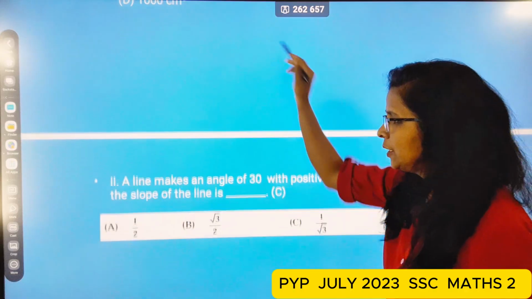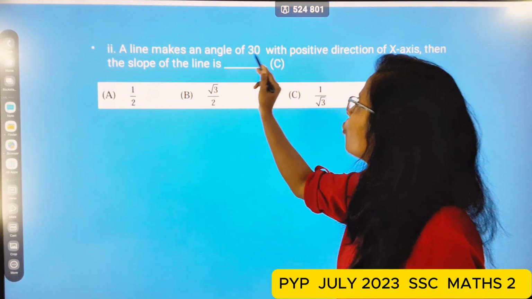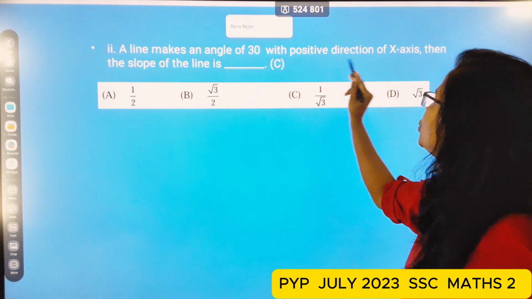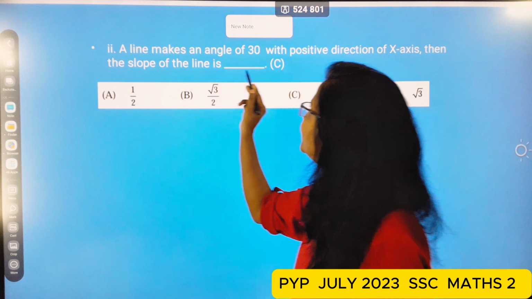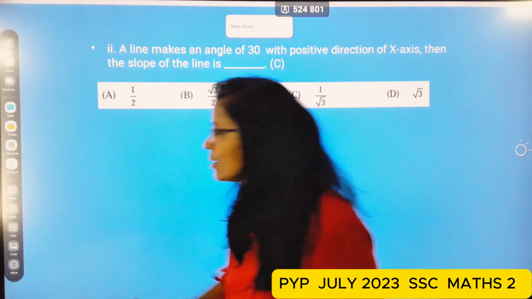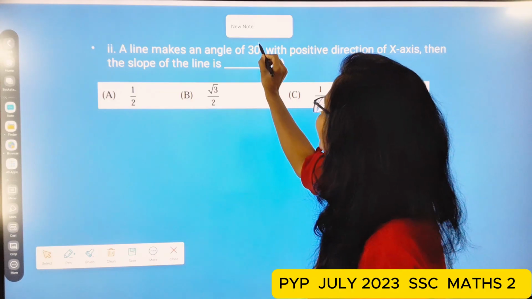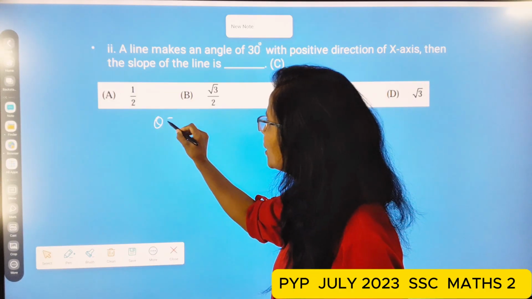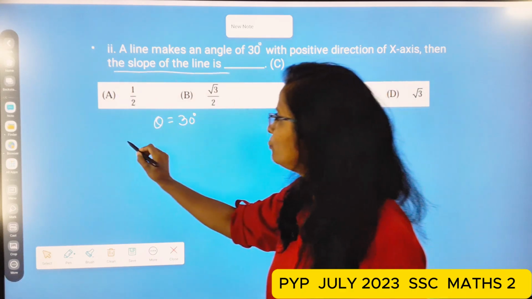Now the second question: a line makes an angle of 30 degree with positive direction of x-axis, then the slope of the line is. Here the given angle is 30 degree, so we write theta is equal to 30 degree, and we have to find the slope of the line.